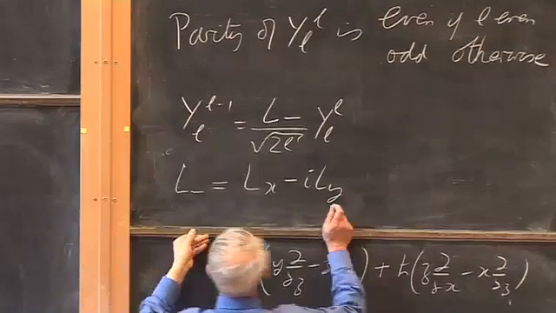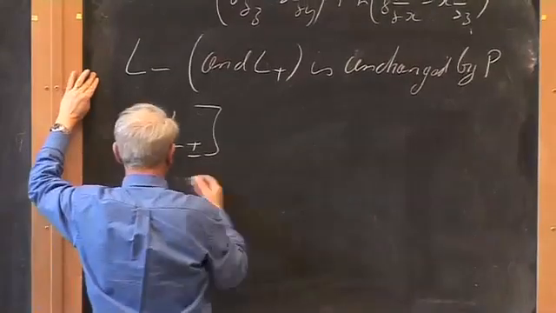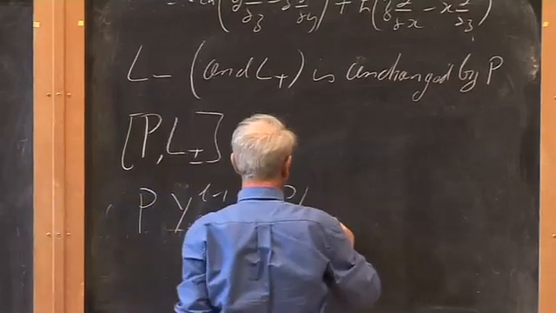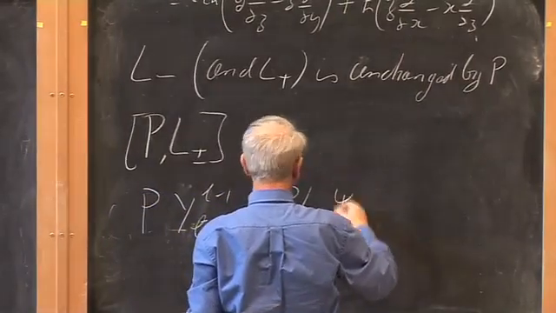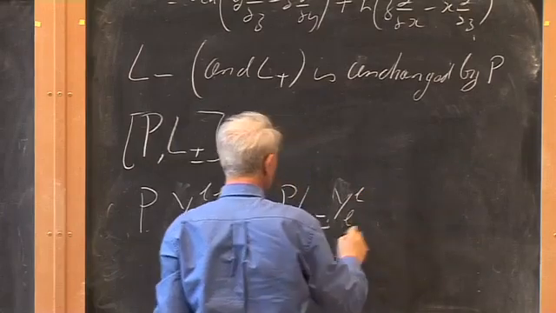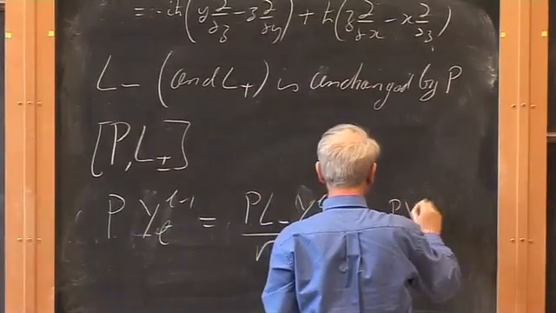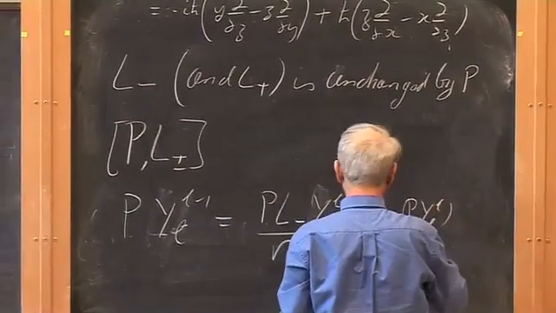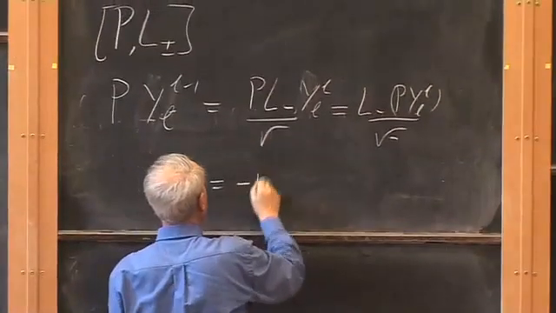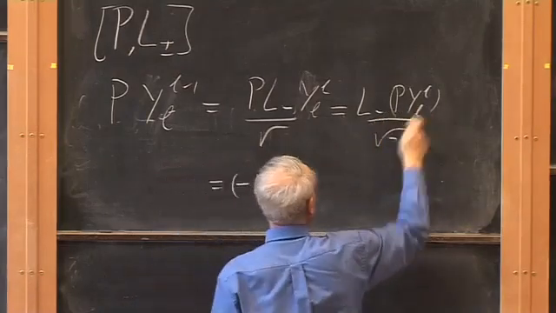Let me just write that argument down, perhaps. So we have that P on Y_L,L minus 1 is equal to P L minus Y_LL over some square root, that's not interesting, is equal to L minus P Y_LL over the square root, which is equal to minus 1 to the L times P times, this thing produces Y_LL.